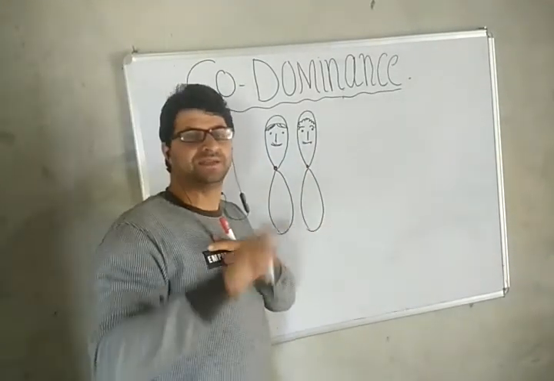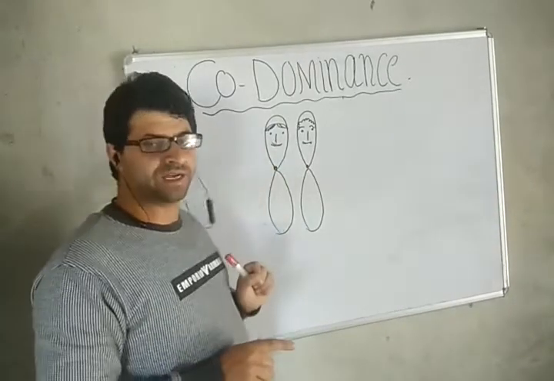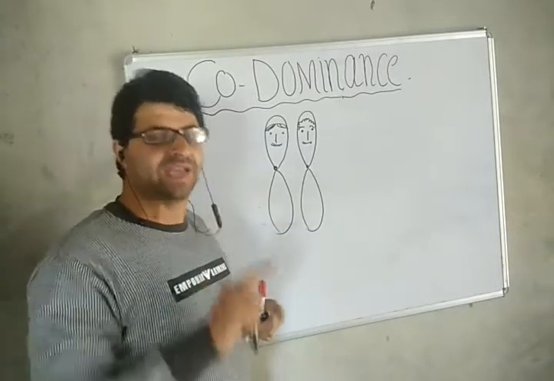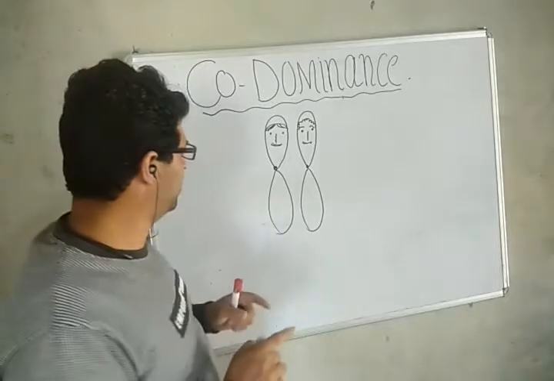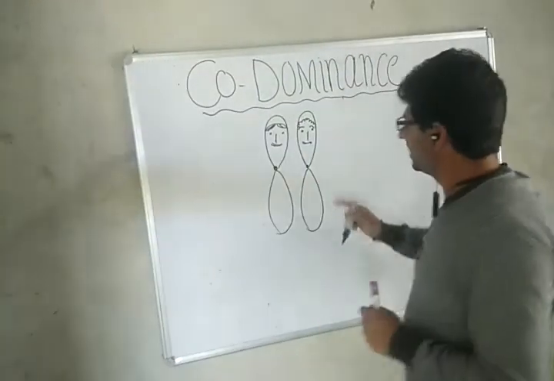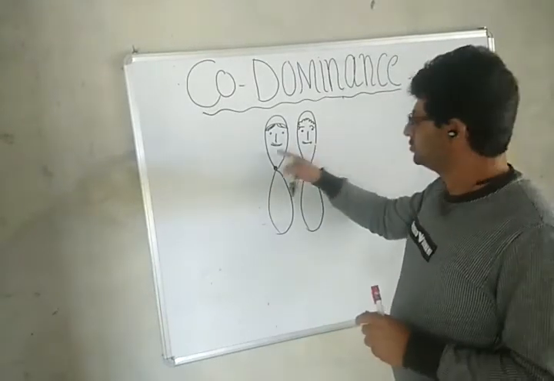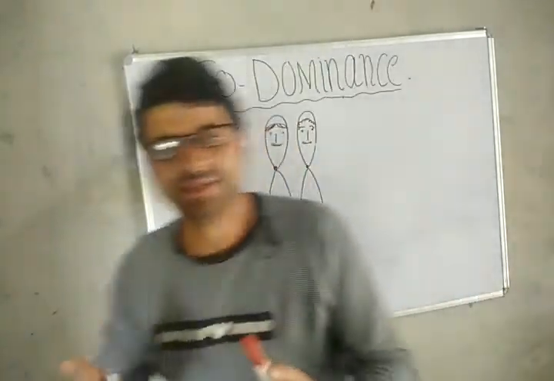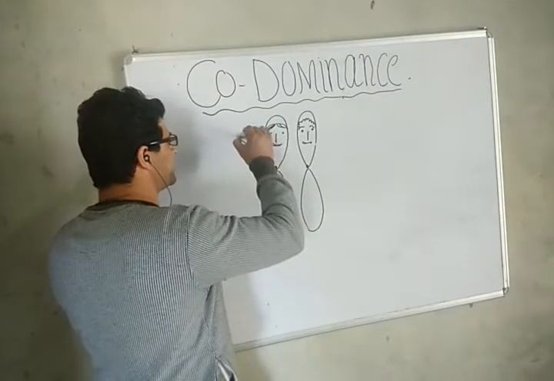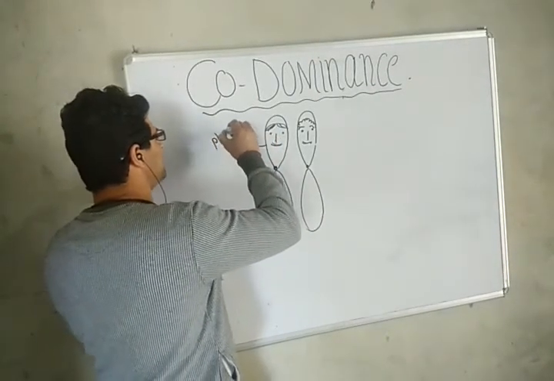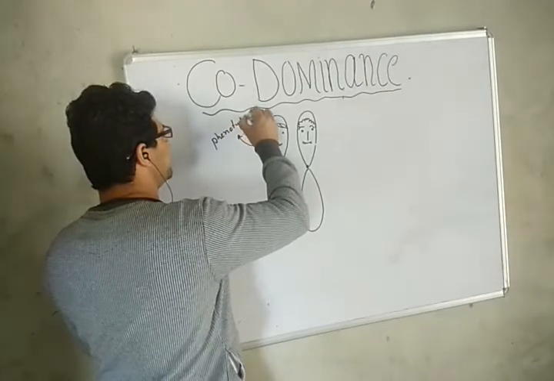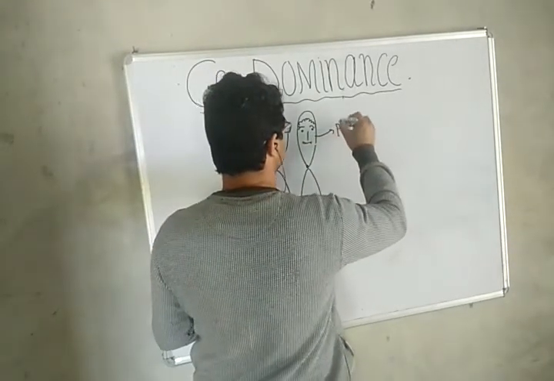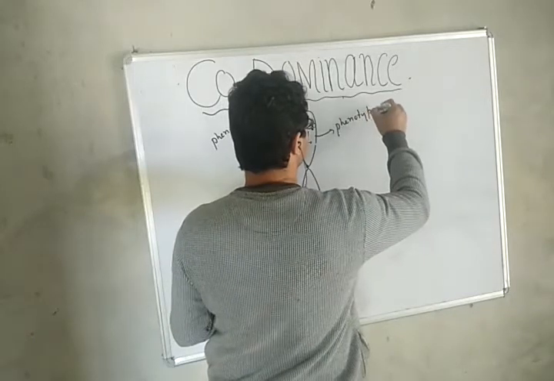As far as Mendelian inheritance is concerned, out of these two factors, only one should express its phenotype. But in codominance, both factors or both alleles show their respective phenotypic expression. This allele is expressed and this allele is also expressed.